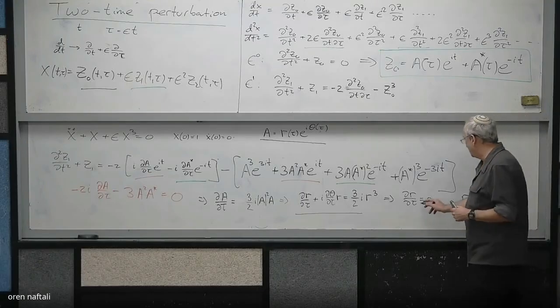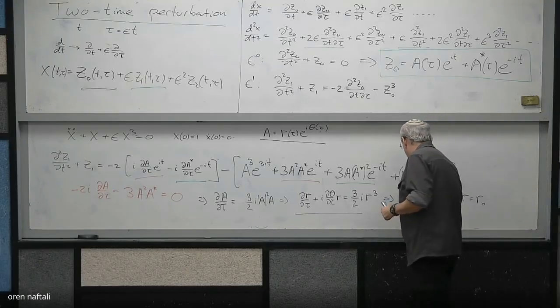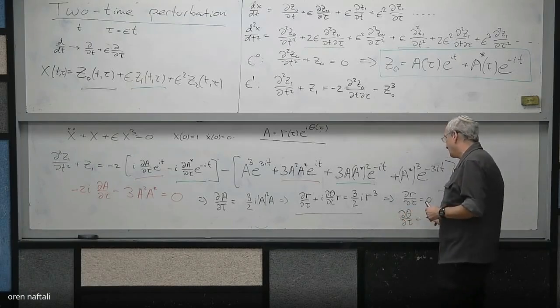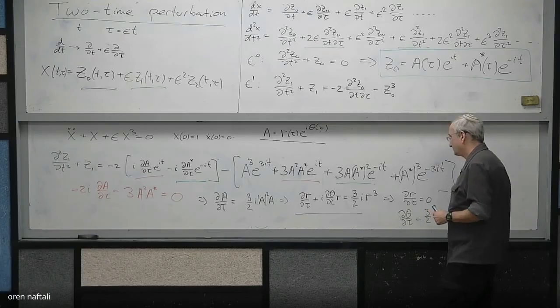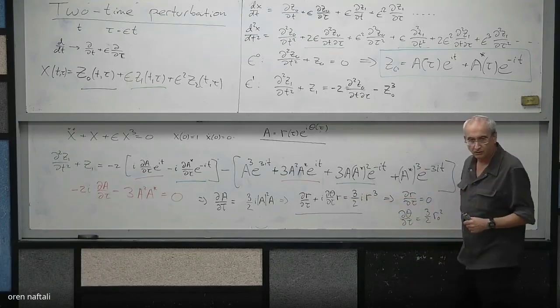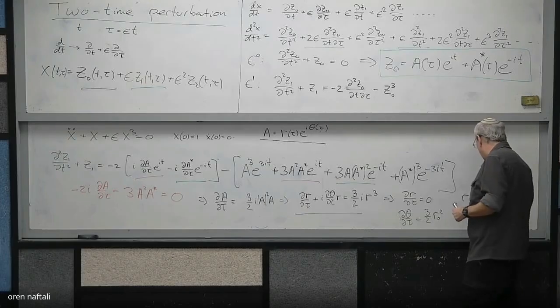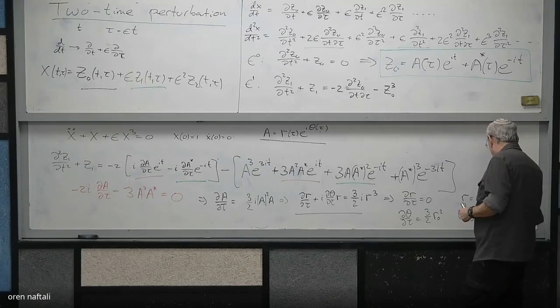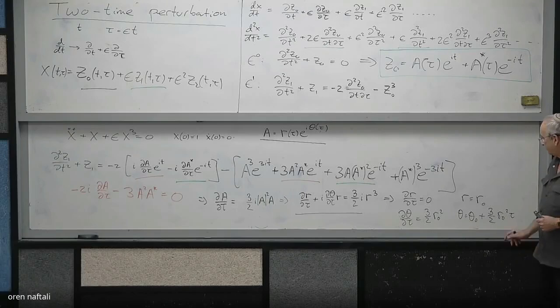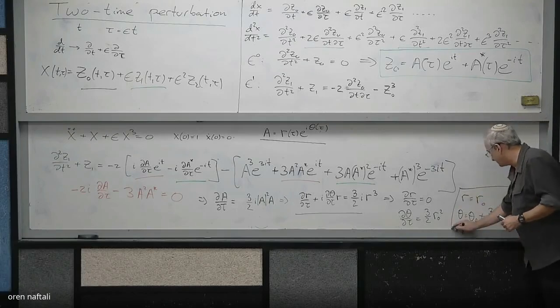And the other equation is dou theta dou tau is 3 over 2 R naught squared, because this R cancels with the cube. So now I know that theta is theta naught plus 3 halves R naught squared tau. Here we are.